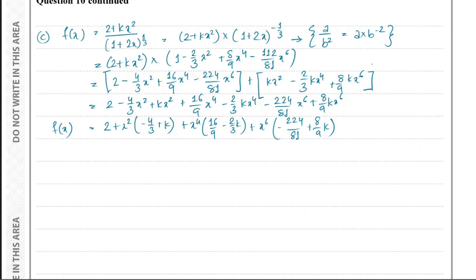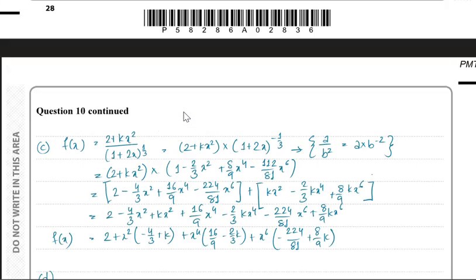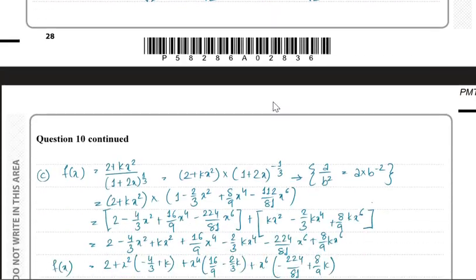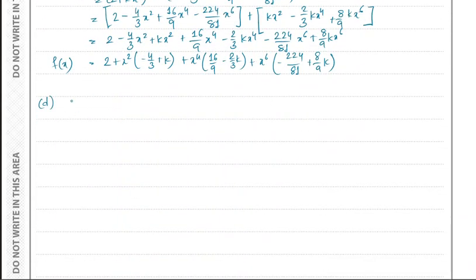And for part D now, let me go back to the question. Given that the coefficient of x to the power 4 in the series expansion of f(x) is 0, they have already given that the coefficient of x to the power 4 is 0. So let me first write down all the coefficients in the expansion of f(x).